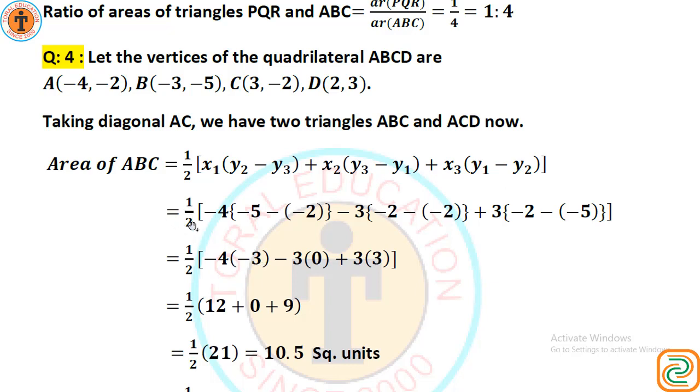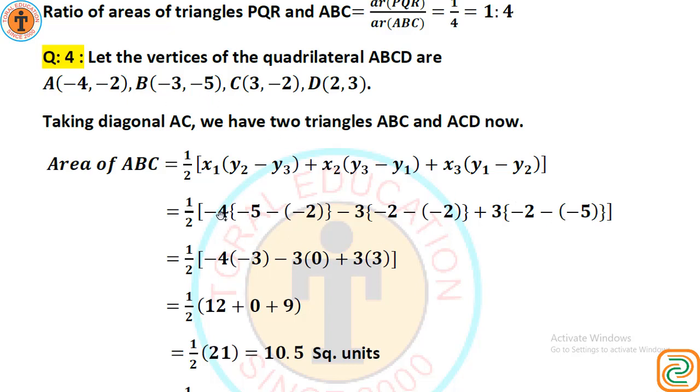So 1 upon 2, we take 3 points A, B, C: x1 is minus 4, y2 minus y3 is minus 5 minus minus 2; x2 is minus 3, y3 minus y1 is minus 2 minus minus 2, that is plus 2; x3 is 3, y1 minus y2 is minus 2 minus minus 5.